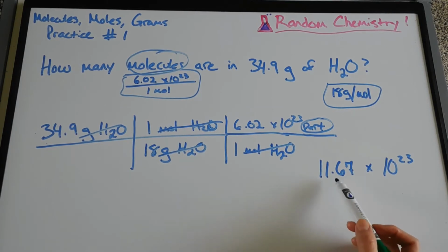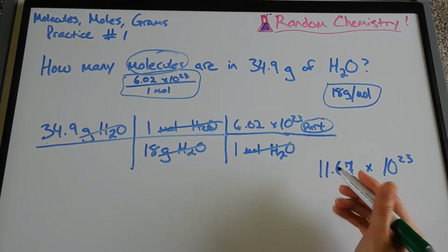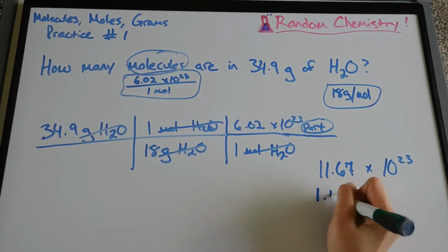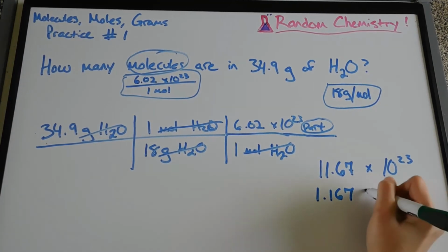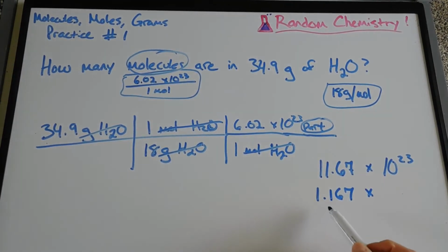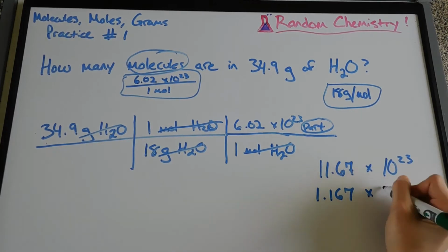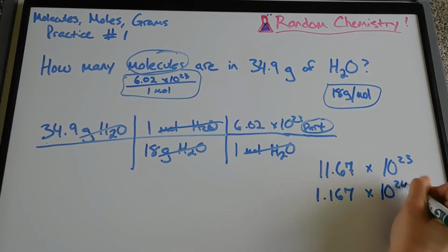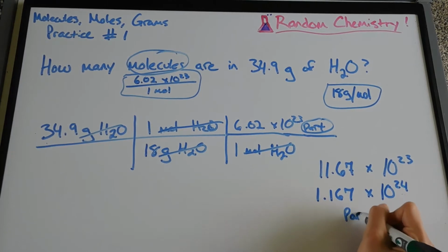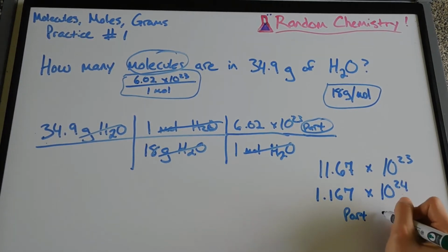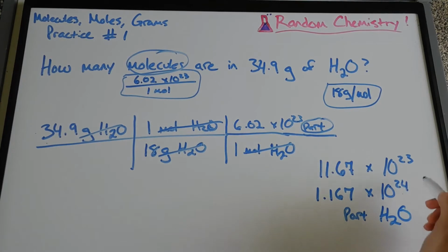To put it in scientific notation, we need to move our decimal point to the left. So it would be 1.167. And since I moved my decimal point to the left, that's going to increase my exponent. So that's going to be 10 to the 24th particles or molecules of H2O.